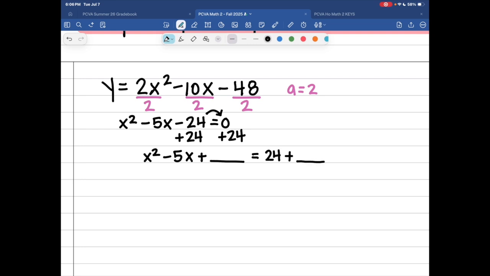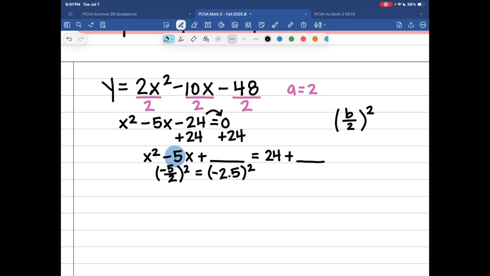And I am going to set it up, and I'm going to do my b divided by 2 and then squared. So my b in this problem is negative 5. So we're going to do negative 5 divided by 2, and then we're going to square that. So negative 5 divided by 2 is going to stay negative 5 over 2, or you can make it negative 2.5 if you want to, but we're going to try to maintain fractions when we do these just because it makes sure that we don't have to worry about rounding.